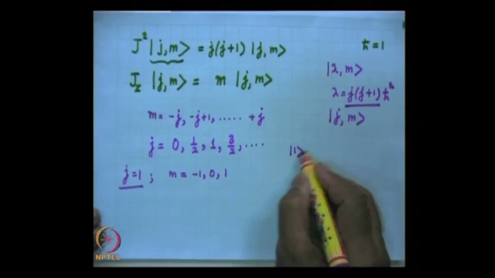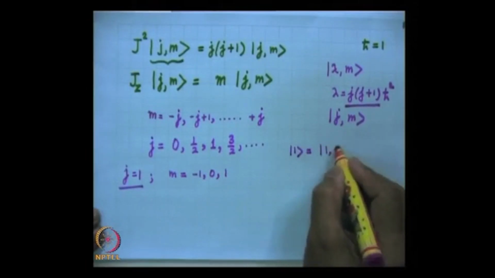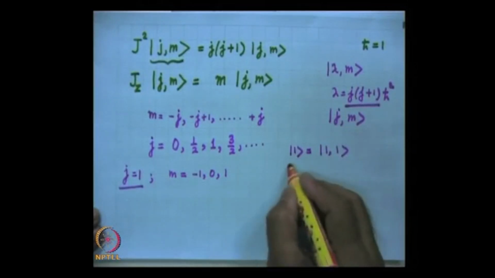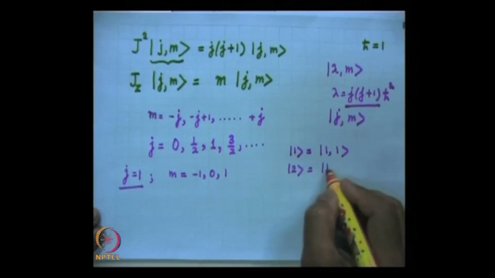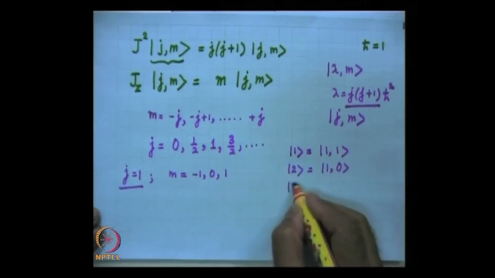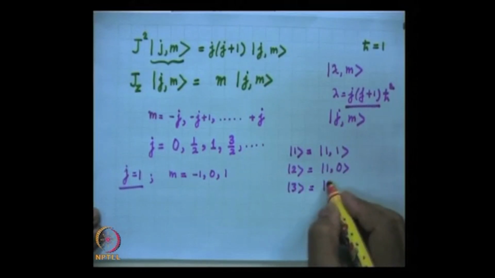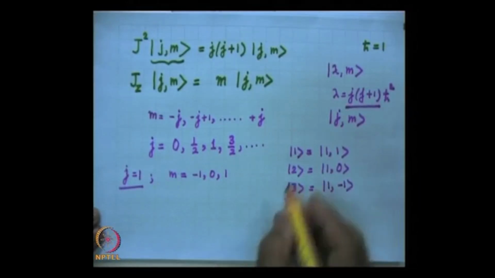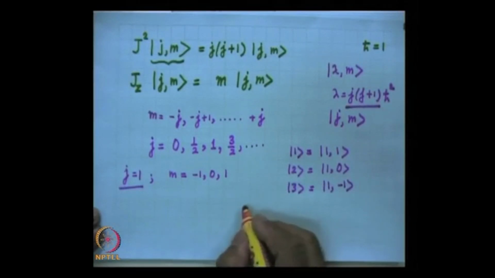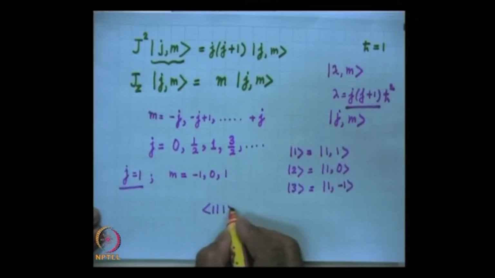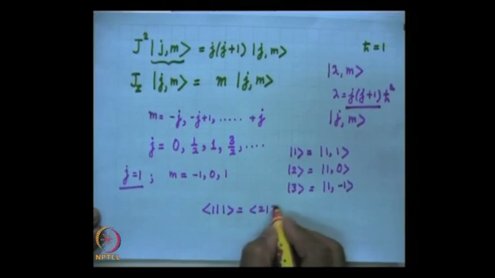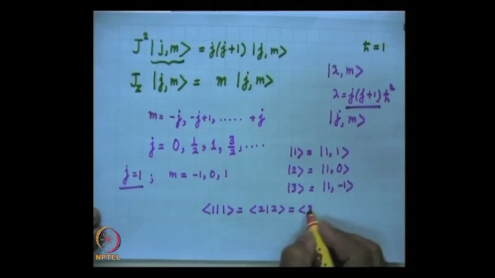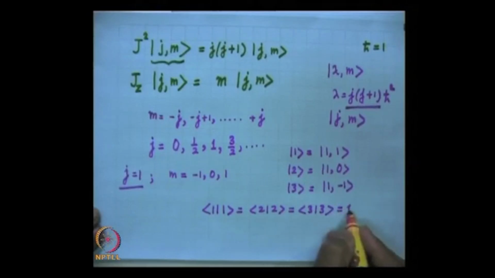Let me denote these by ket 1 as 1, 1, where the first is the value of j and the second is the value of m, ket 2 is 1 comma 0, and the third independent eigenket is 1 comma minus 1. They are assumed to form an orthonormal set of kets, that is bra 1 ket 1 is equal to bra 2 ket 2 is equal to bra 3 ket 3. These are all normalized.